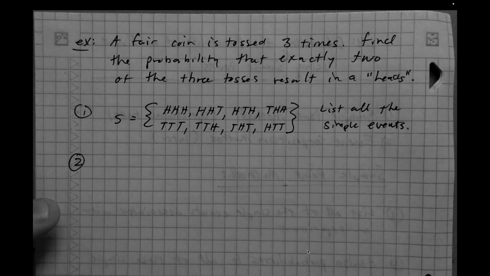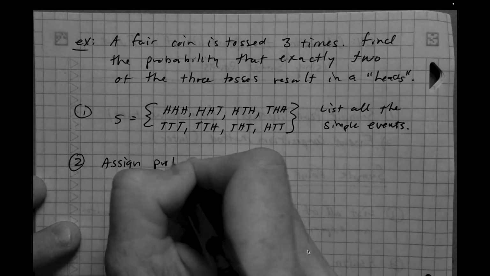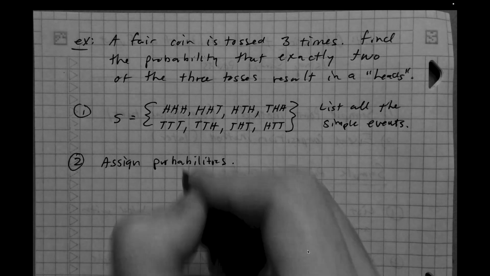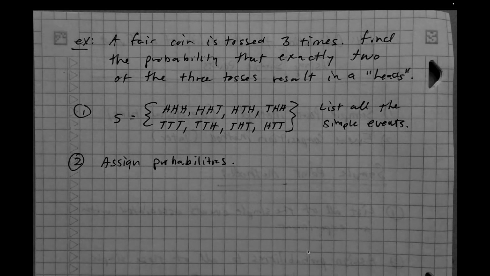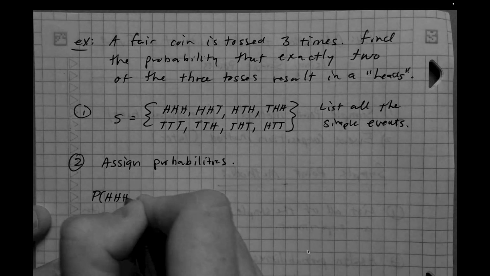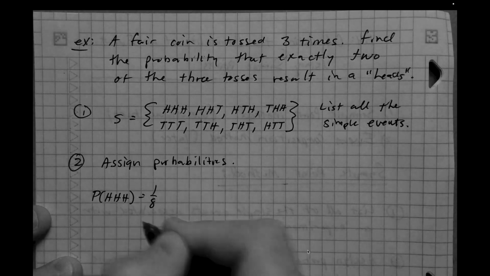Step 2 was to assign probabilities. We want to assign probabilities to all of the simple events in the sample space. And so because this is a fair coin, it's balanced, we would expect each of these outcomes to be equally likely, right? So the probability of all heads is equal to, well, there's 8 things in the space, so it's equal to 1/8, right?